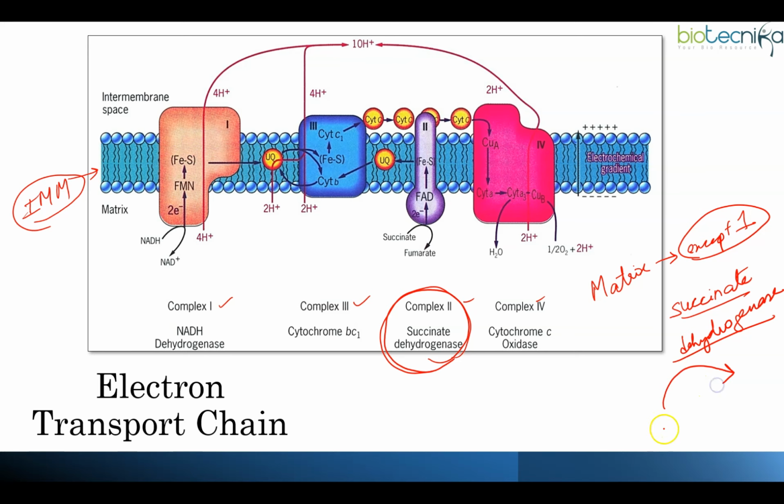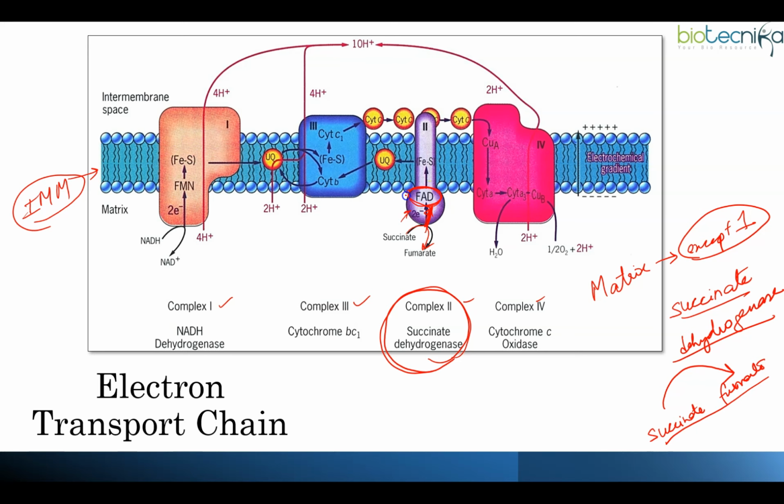You would know that succinate dehydrogenase converts succinate into fumarate. This is a step of the Krebs cycle, and it is done in this enzyme complex only. As you can see, succinate to fumarate is done, and this particular step in the Krebs cycle releases electrons. So the production of FADH2 in the Krebs cycle is from this particular step only.